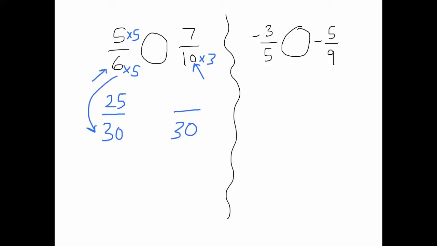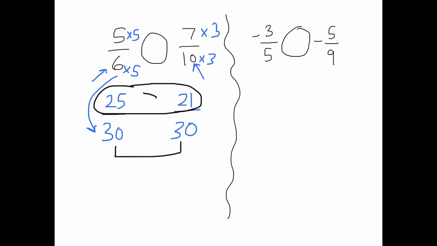So to turn the denominator into 30, I'd also have to do the same to the numerator, multiply it by 3 to get 21. So now, as you can see, I have common denominators. So now I'm only going to think about comparing my numerators. Which is greater, 25 or 21? Well, 25 is greater than 21, so 5/6 is greater than 7/10.